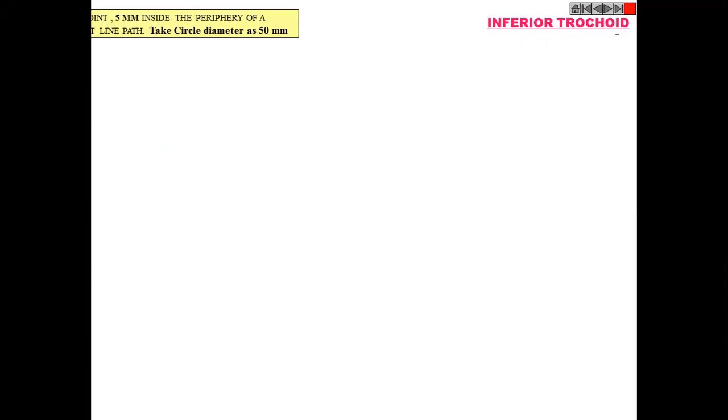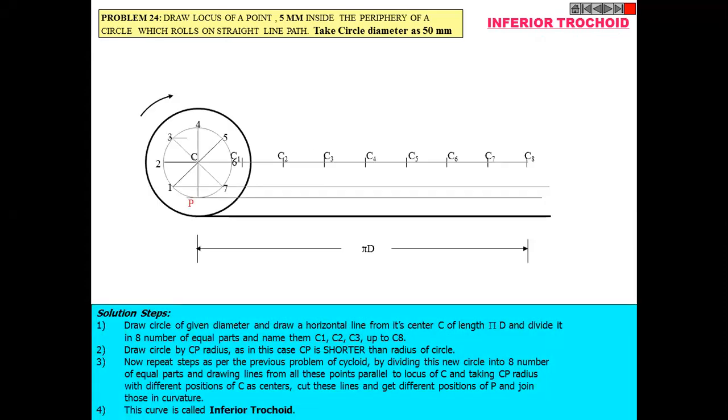So this is the epicycloid. This is the problem statement. Draw a locus of a point on the periphery of a circle. Only the first sentence: it means there is one point on the periphery of some circle.